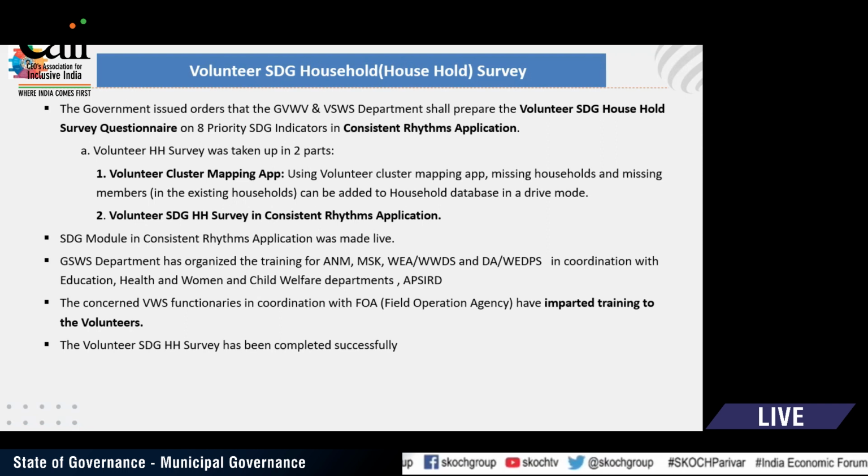The idea basically is to identify the people who are left out of the government schemes and bring them into the government, and also those who are existing and accruing benefits, their indicators should come to normal. So this is the idea. So the volunteer SDS surveys in consistent rhythms application is conducted.